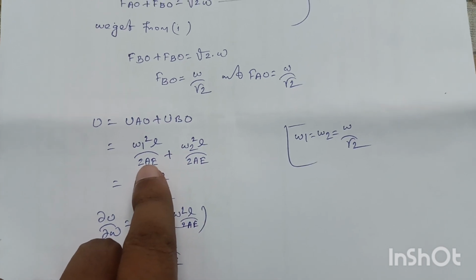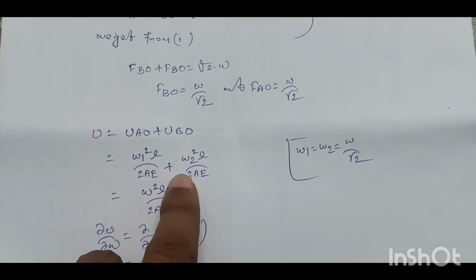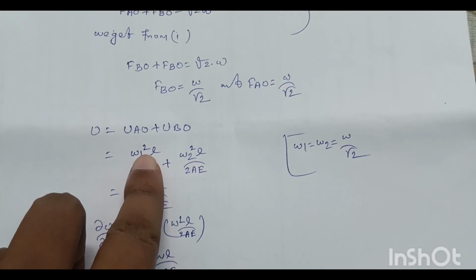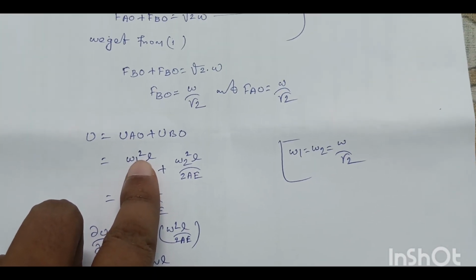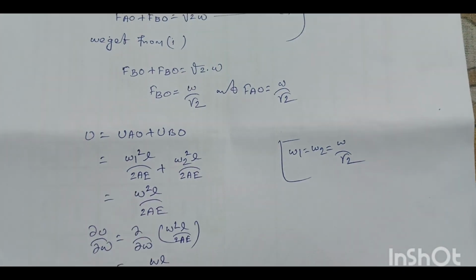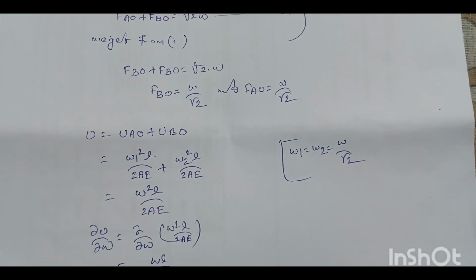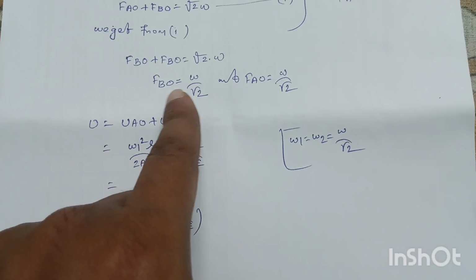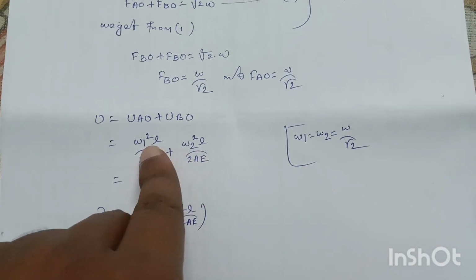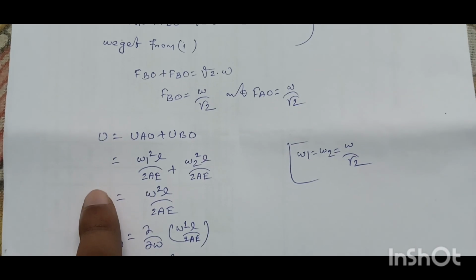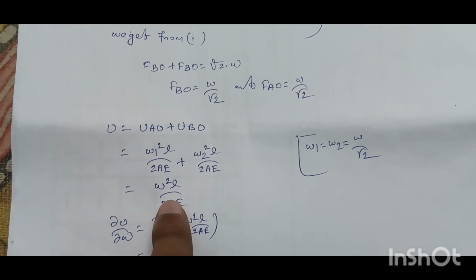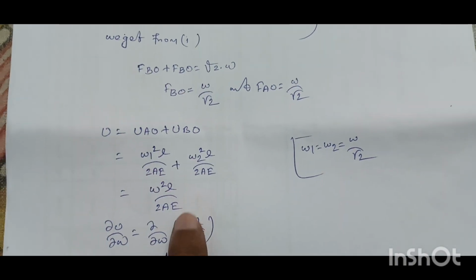A is the area of the bar and E is the modulus of elasticity of the two bars. W1 is the force in bar AO and W2 is the force in bar BO. So W1 will be equal to W2 because we got W by root 2 as the value. By putting this value into this equation, the total strain energy value will be W square L by 2 AE. This is the total strain energy stored by these two bars.